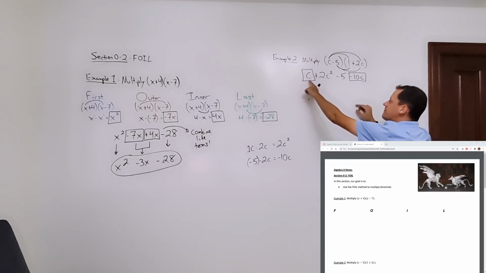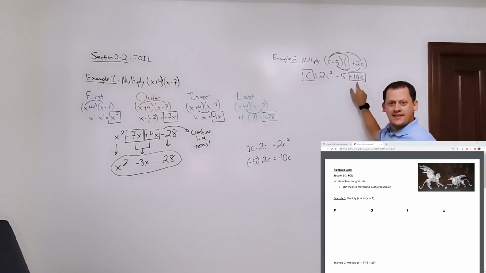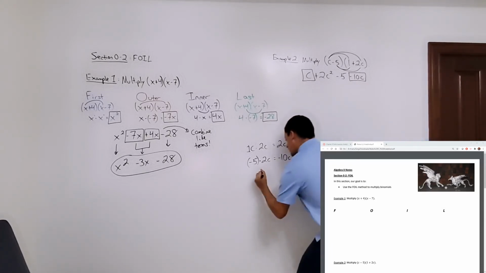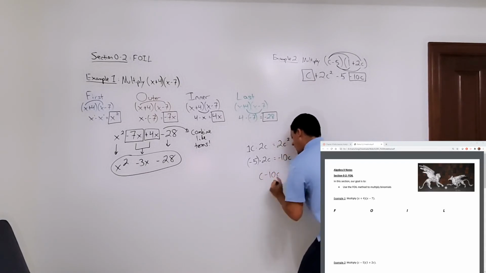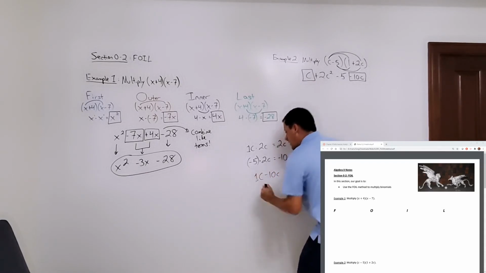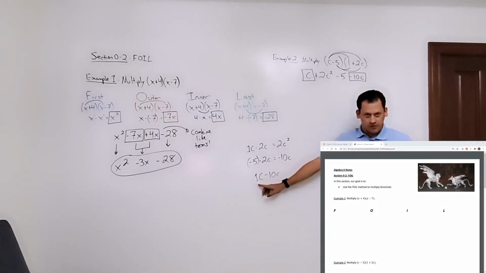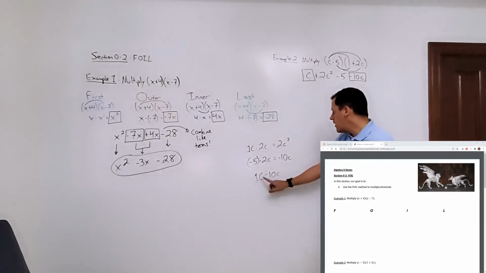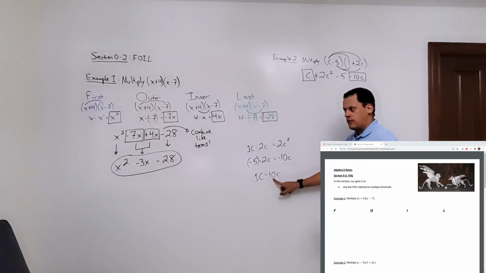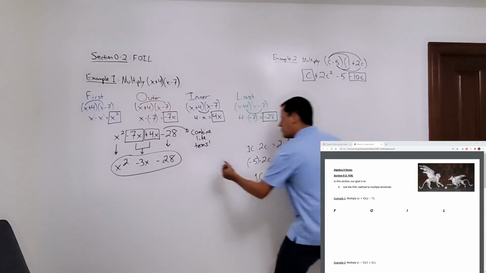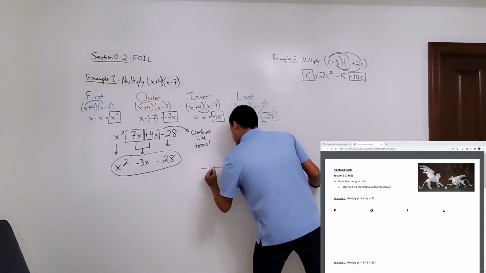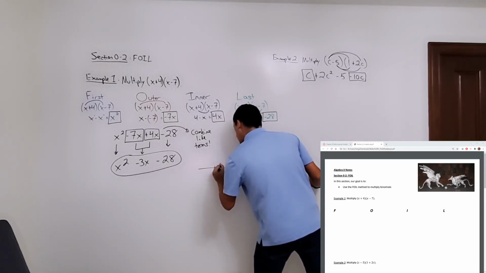So we just need to figure out what c minus 10c is. Again, we can think of this as 1c minus 10c. You can always put a 1 in front of a letter. Okay, so 1 minus 10, that's going to be, if we think of a number line, 0, 1.